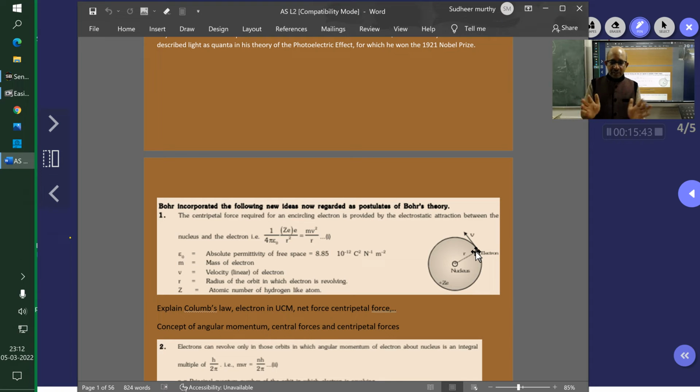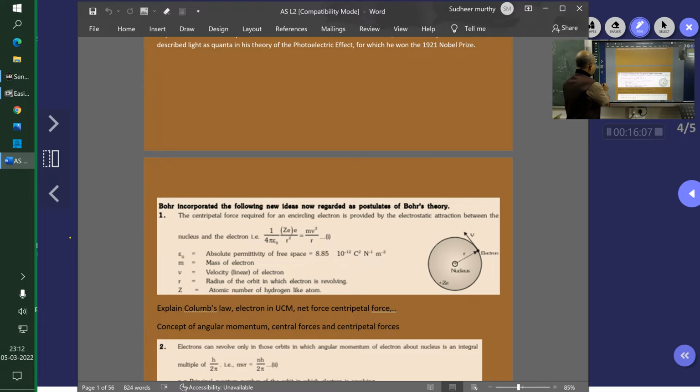So there is nothing sacrosanct about the circular motion of the electron. But as long as the question is based on the Bohr atomic model, we have to confine our discussion and say it is going to move in a circular path. I hope I have made it very clear.